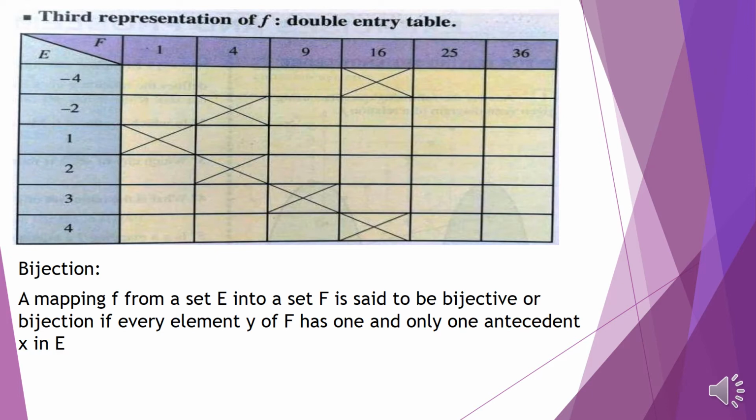In the bijection there must be two conditions. First, it should be a mapping. Then we look at the final set. It says one and only one, so here too there must be only one arrow, or one cross, or one dot.